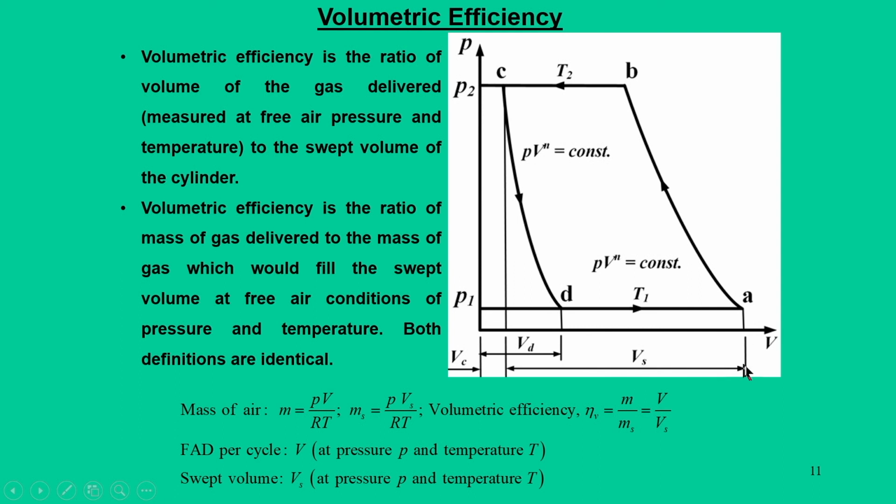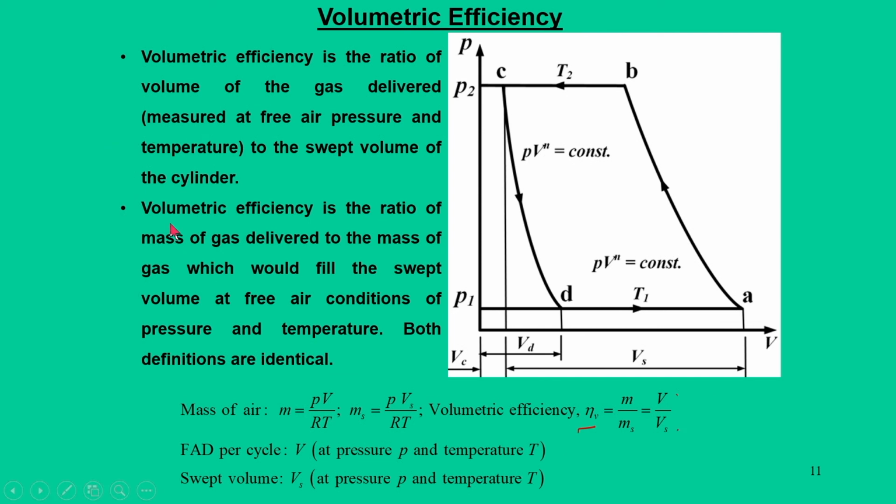So, the cylinder swept volume is fixed, and the volume of the gas that is delivered into the system is measured at free air pressure and temperature, that is FAD. That is one expression: volumetric efficiency η_v is equal to V by Vs.